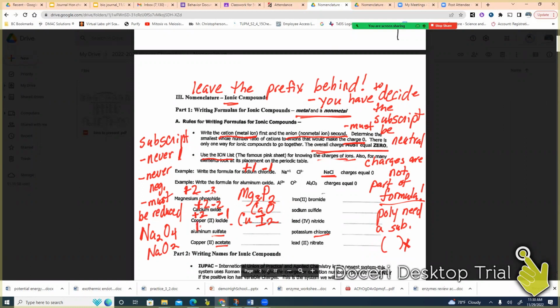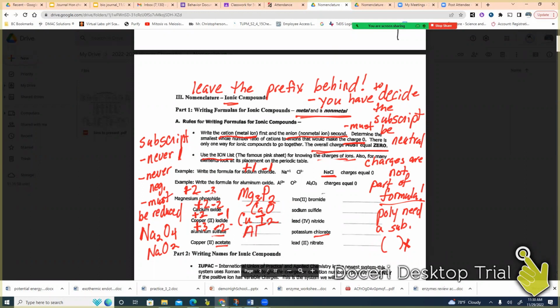So aluminum is a +3, and then I need to find my sulfate. Notice it doesn't end in "ide," so that kind of gives me a hint that it's going to be a polyatomic ion. So what's its charge? Sulfate, -2. All right, -2. It's at the end of this column. So I put my Al for aluminum.